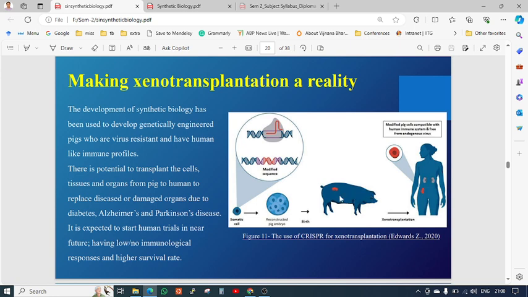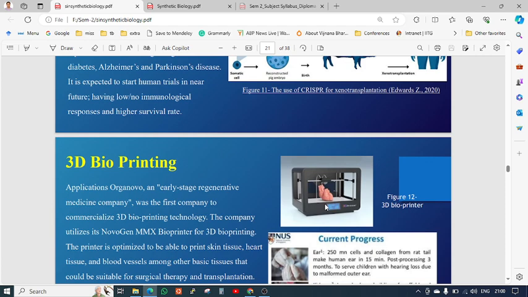But due to the application of synthetic biology, we can replace this kidney from different organisms or animals through xenotransplantation. This is also going to happen in the future.